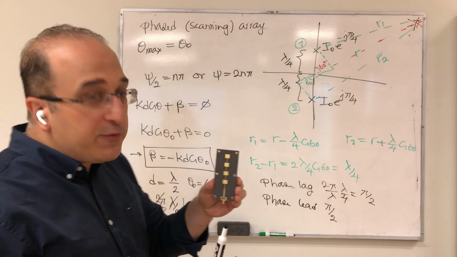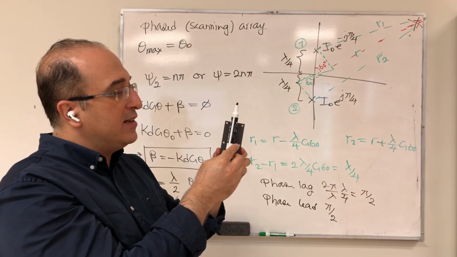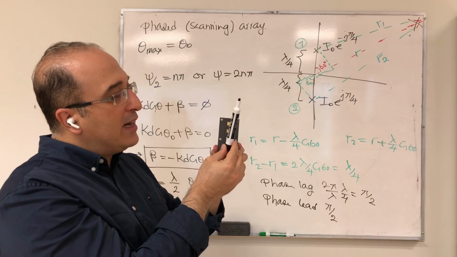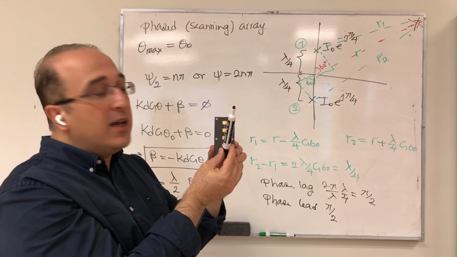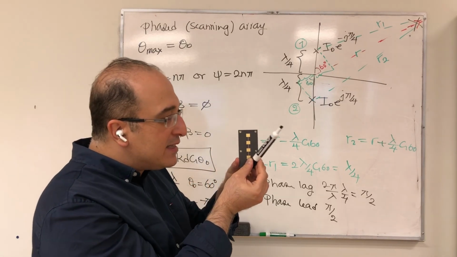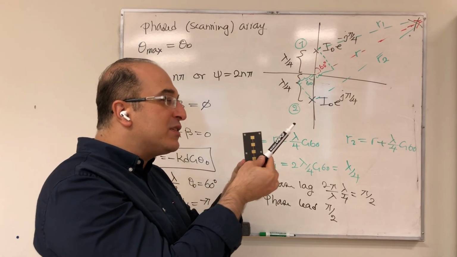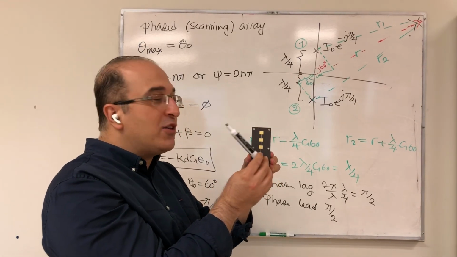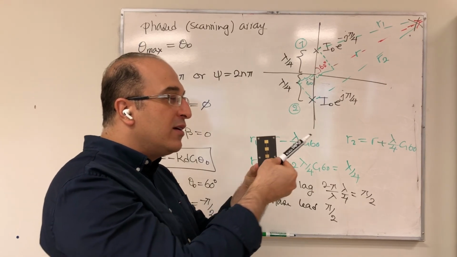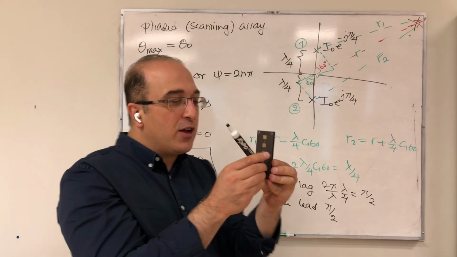You see, if this is the z-axis, what is θ equals 60? So this is the z-axis, θ 10, 20, and so on. And now this is θ equals 60. But remember, this is not the only θ equals 60. It can rotate. So when you say I have a beam at θ equals 60, that means your beam is like a cone that goes around the antenna, and this angle is θ equals 60.